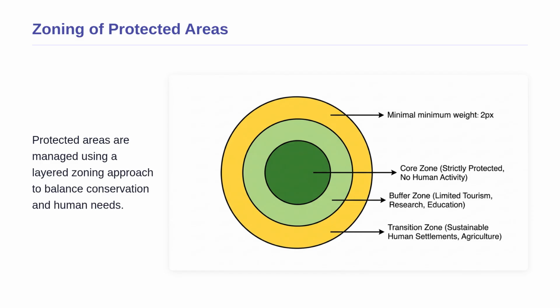Surrounding it is the light green buffer zone, where limited, low-impact activities like tourism, research, and education take place. Finally, the outermost yellow ring is the transition zone, which allows for sustainable human settlements and agriculture. This layered approach ensures the core remains pristine while supporting local communities.